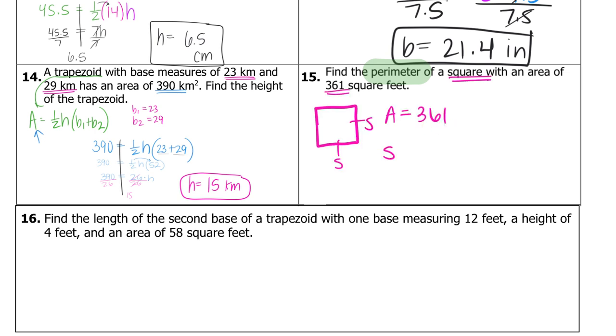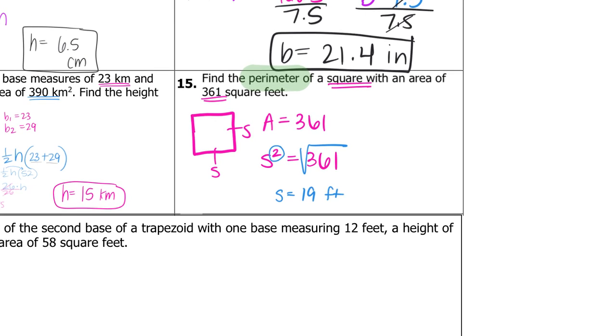So that would be like s squared equals 361. So to figure out what each side was, you could just do the opposite of squaring, which is square rooting. So the square root of 361 is 19. So that means that one of the sides of this square is equal to 19 feet.